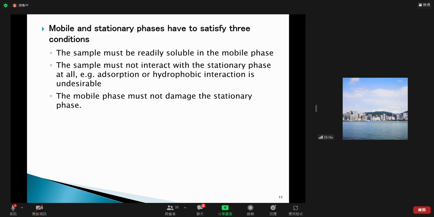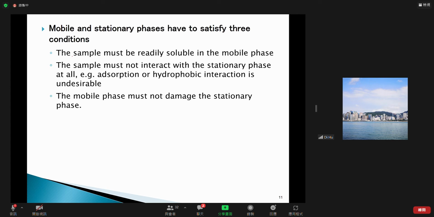If the adsorption effect happens, it can be reduced by using a mobile phase which is chemically related to the stationary phase. For example, we can use toluene. Later on we will talk about the styrene divinylbenzene column, that one. And this is the second requirement.